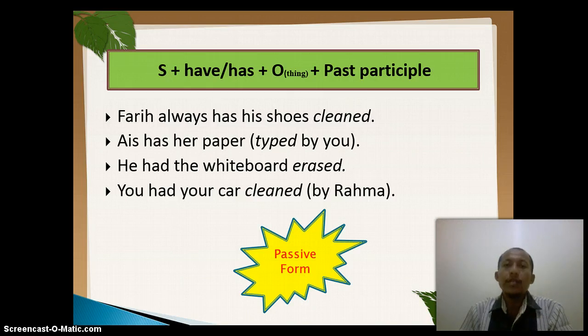In Indonesia, past participle we can say verb 3. Like speak, spoke, spoken. So you have to use verb 3, the past participle. But remember, you have to memorize irregular verbs and regular verbs. You have to understand both of them. I think you can read the sentences by yourself.